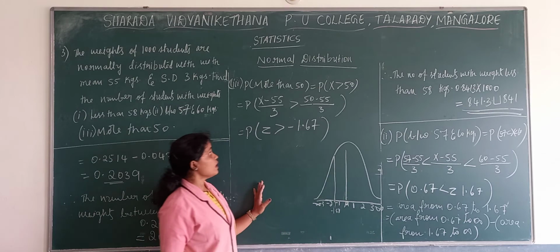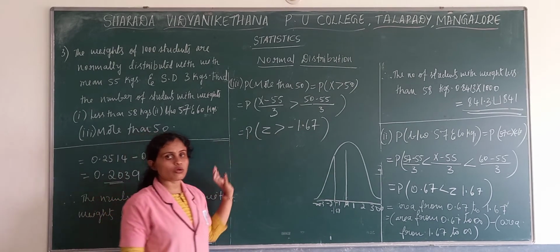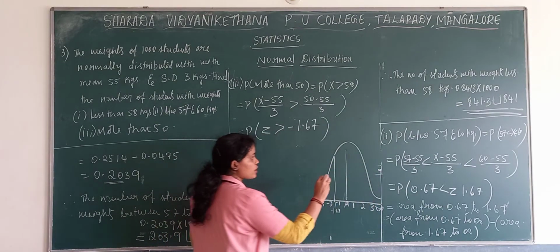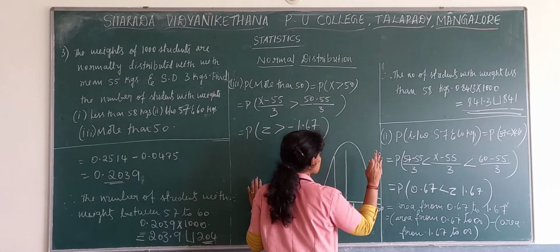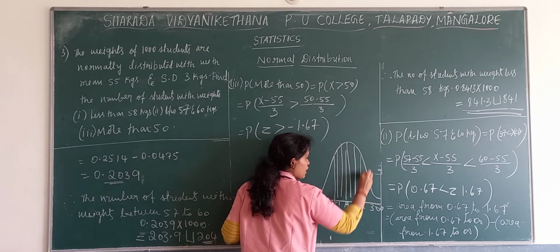So what is that area? It is greater than, what did I say? If you get greater than, which side do you have to move? You have to move towards your right side while drawing the graph. This is the right side, and this is the area.